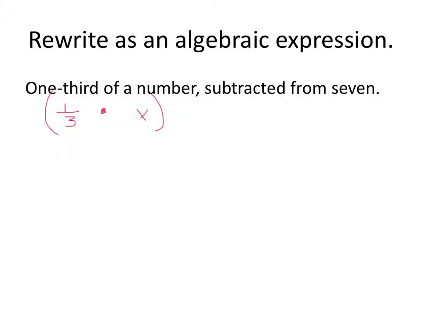That is going to be subtracted from. So that means 7 comes first. 7 minus 1/3 times x, because subtracted from means it comes after. So this can be written as 7 minus 1/3 x.